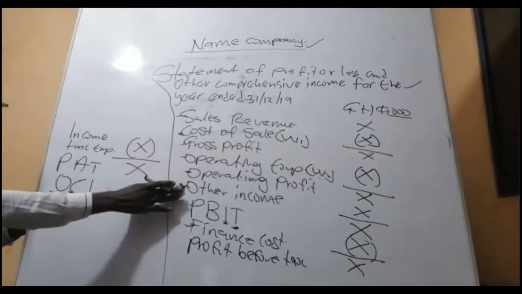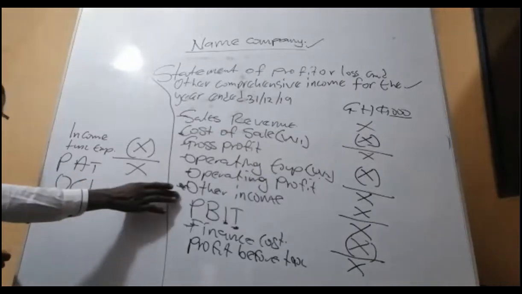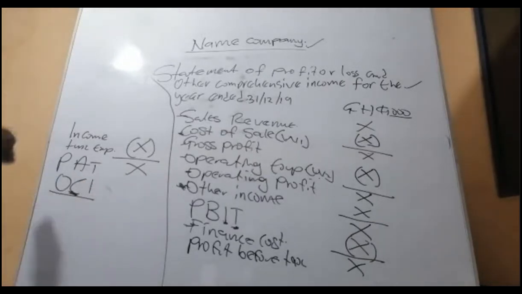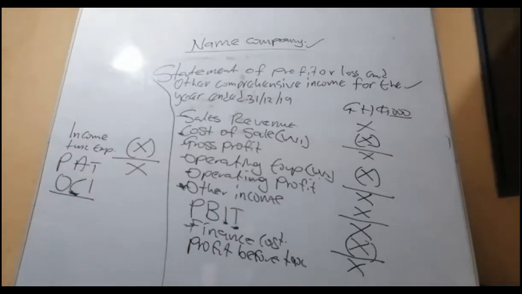Now this one is a realized gain, something that is earned but does not form part of your core purpose. That's other income. What about other comprehensive? The word comprehensive means it's a technical gain, a notional or ideal gain.